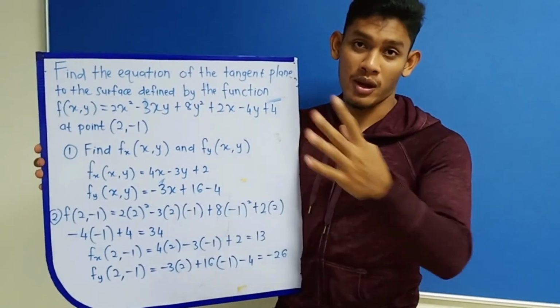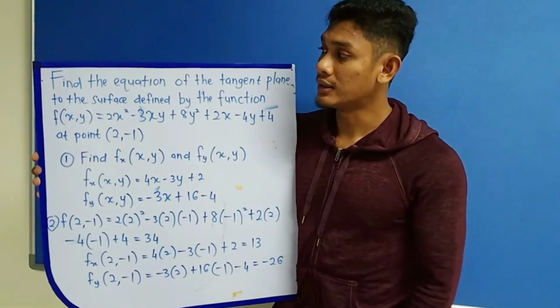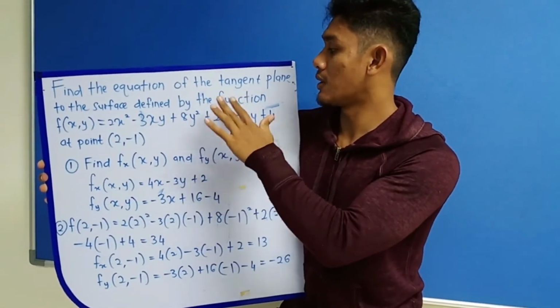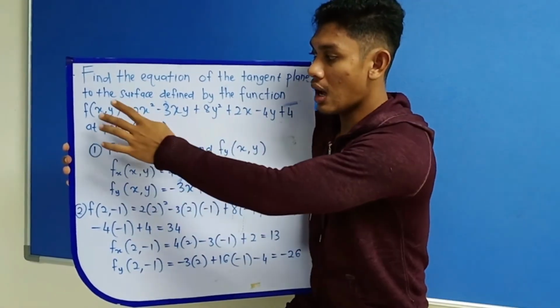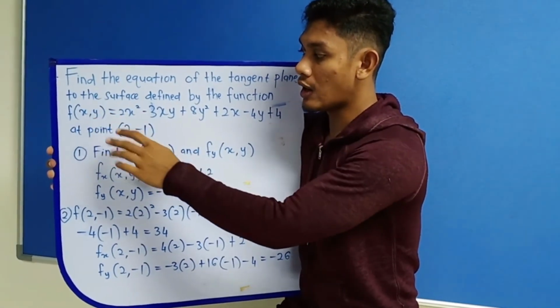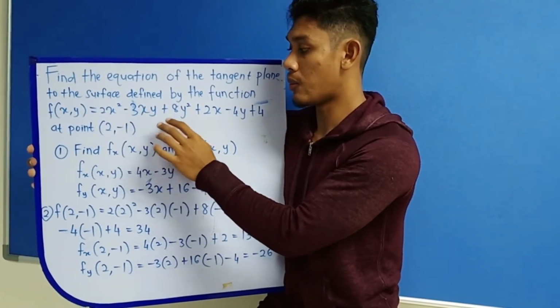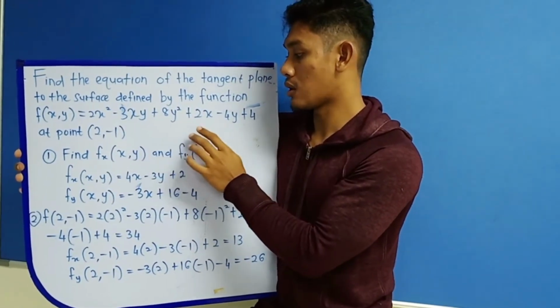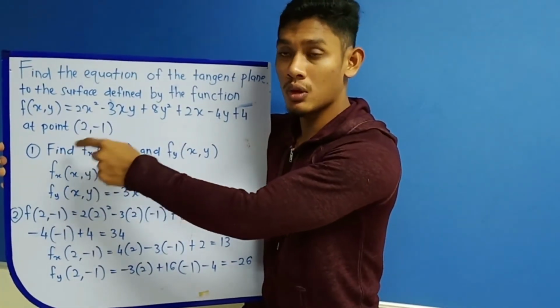So, to summarize, the question is to find the equation of the tangent plane to the surface defined by the function f(x, y) equals 2x squared minus 3xy plus 8y squared plus 2x minus 4y plus 4 at point (2, -1).